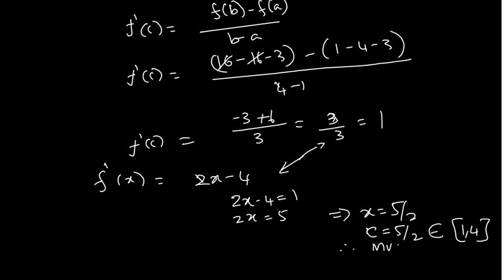So we have to write f of x is continuous in 1, 3 because it's a polynomial function. It is differentiable in the open interval 1, 3.